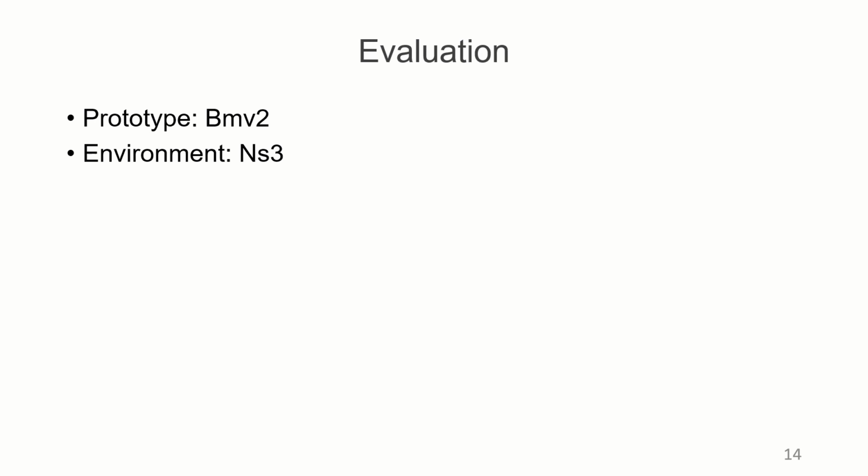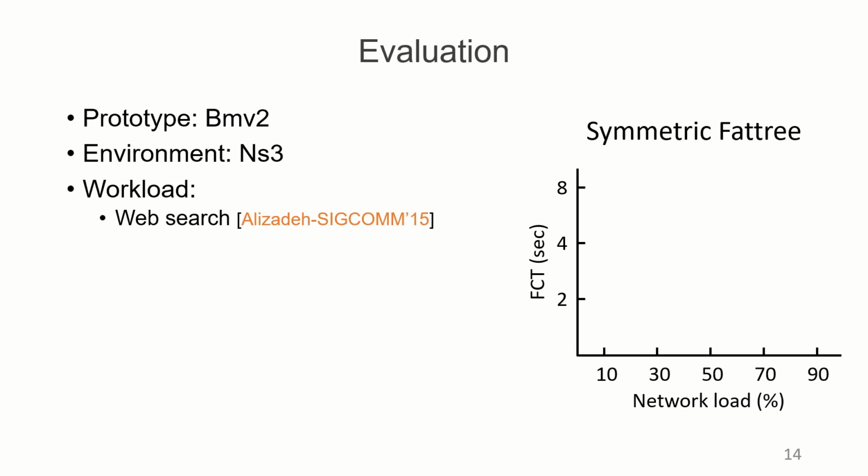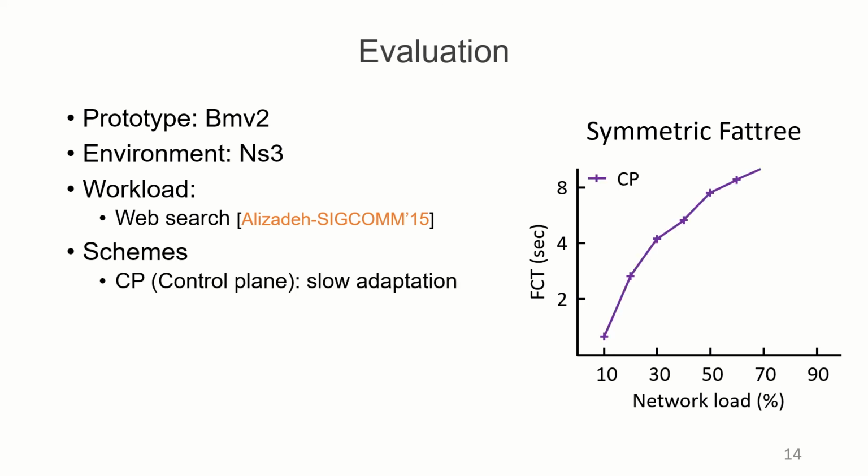We built a prototype of Dash in NS3 simulation. In this talk, I will show you one set of experiments. You can find more interesting comparisons in our paper. We used a symmetric fat tree and ran different network loads. We measure flow completion time as the performance metric, so lower is better. We have 3 baselines. First, a control plane solution, which can only adapt to the network conditions very slowly.